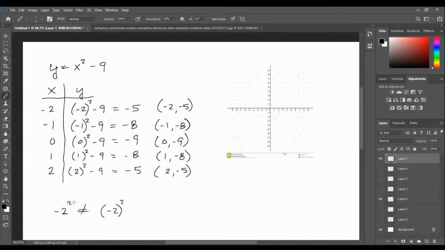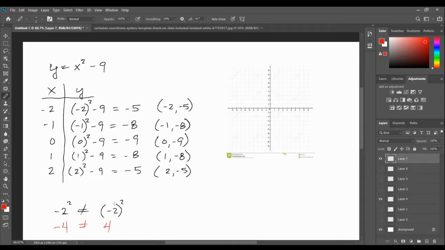This one on the left-hand side, exponents, so the 2 squared will happen before multiplying by a negative 1. Negative 2 squared is negative 4. But negative 2 quantity squared, or negative 2 times negative 2, is a positive 4. Those are not equal.